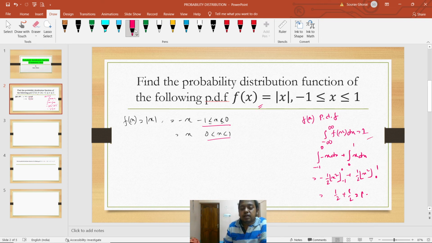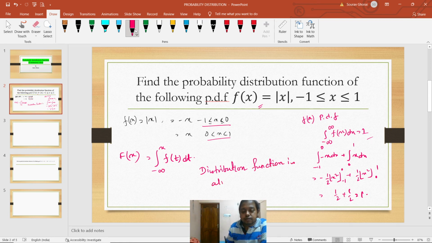Now we can find the distribution function of this probability density function.